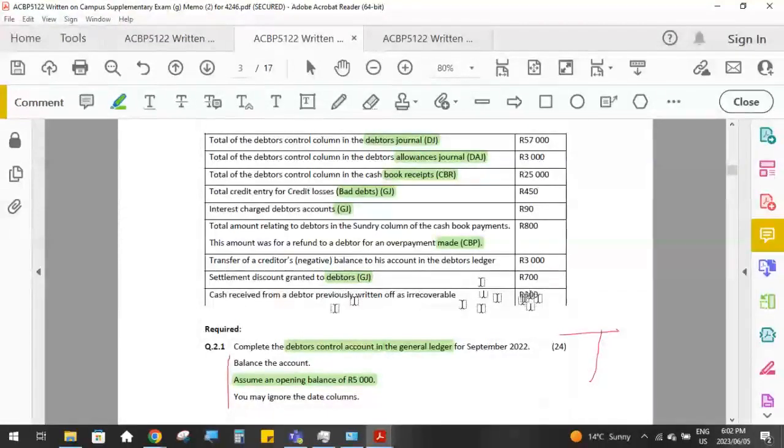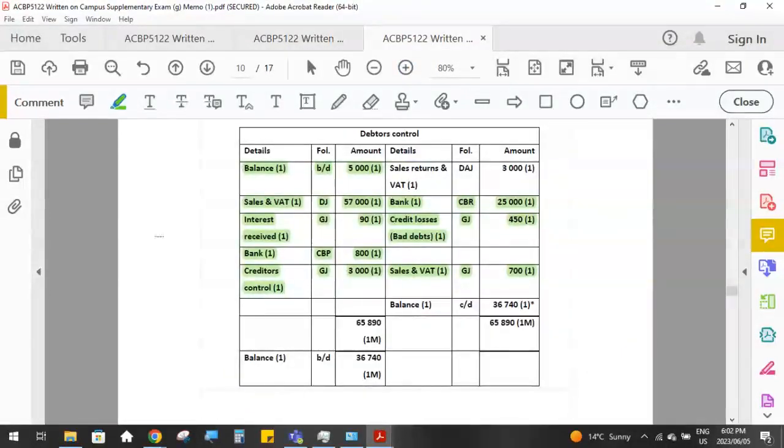We'll put it into our bank account because we received the cash. So we'll debit bank with 300 Rand, and we will credit an income account called bad debts recovered. So this last entry does not affect the debtors control account. So that was just a test to see that you know that that 300 Rand does not appear anywhere here on your debtors control.